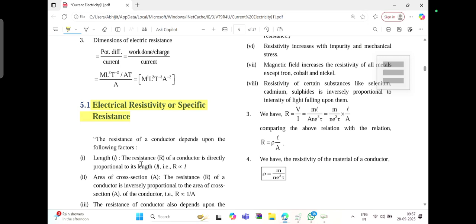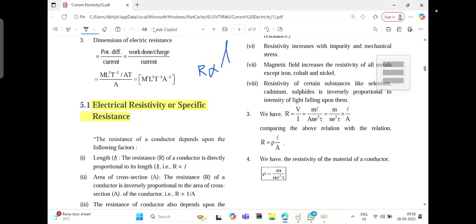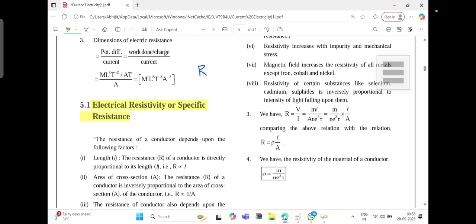The resistance of a conductor depends upon the following factors.